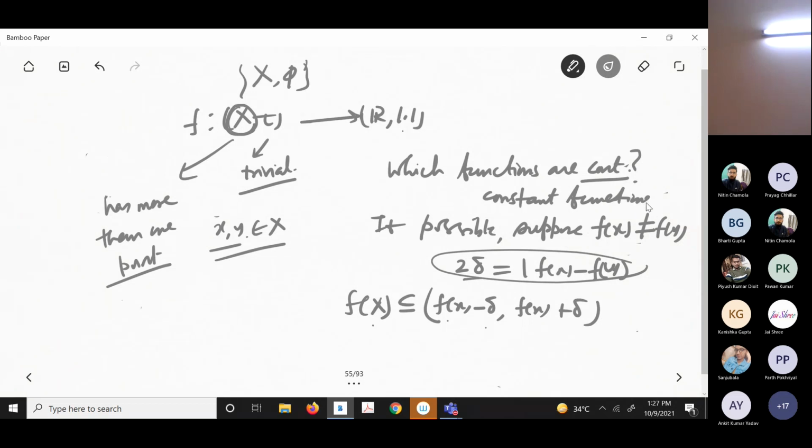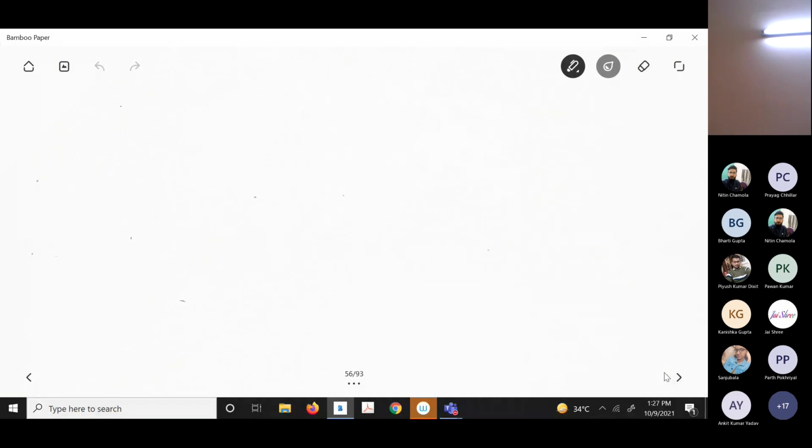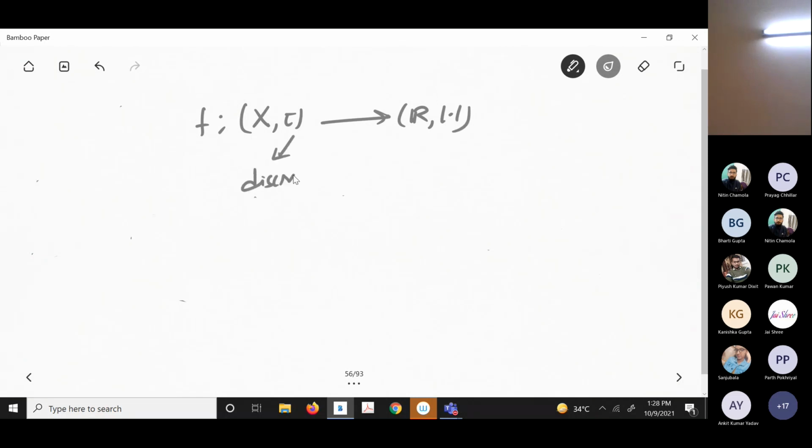Whereas, I already told you that the topology should not be too big, not too large. Now suppose this is the discrete topology. Any function you take, take any neighborhood. Given x, {x} itself is a neighborhood of x because it is open.